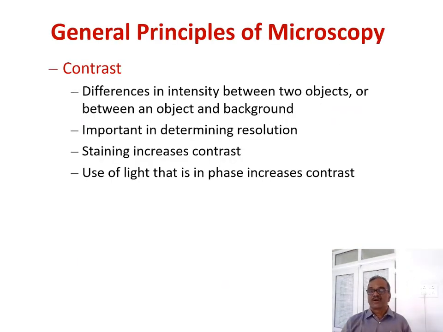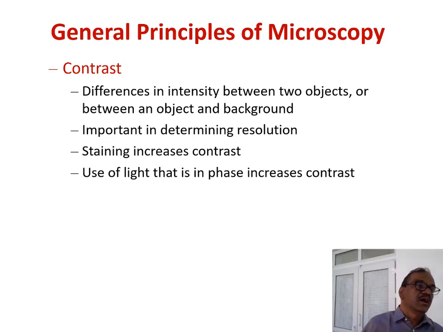The third important principle in microscopy is contrast. I will say to the last row, two girls are sitting, one wearing white and another wearing red. So it is quite a contrast. Am I right? Easily we can identify there are two persons.